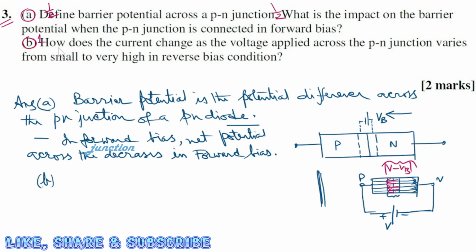Now the next part of the question: how does the current change as the voltage applied across the PN junction varies from small to very high in reverse bias condition?